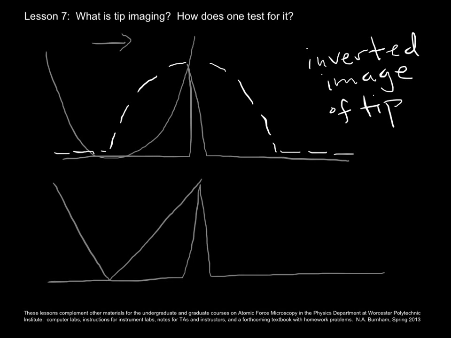The positive aspect is that, say if you change your tip to a conical tip, and you run over that sharp feature again, you get, again, an inverted image of your tip. But note that we are revealing the shape of the tip. That is very useful. You can use it as a calibration method, and you can buy calibration gratings that are a series of very sharp points.